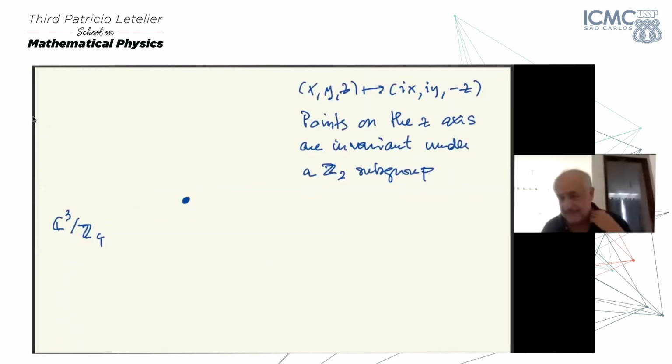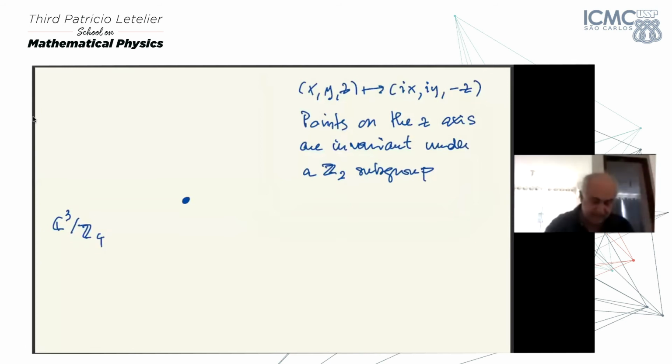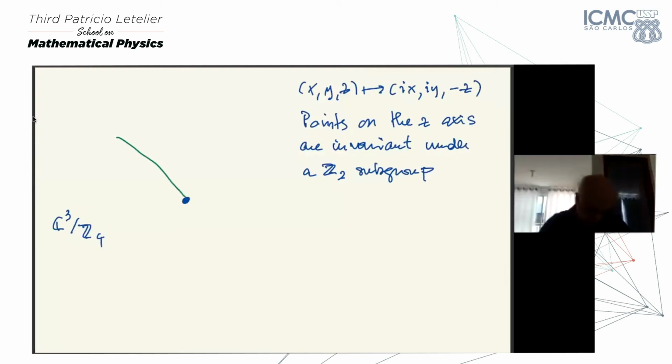As a result, the z-axis in the quotient is singular as well. So we have a line of singularities. Okay, and which is the z-axis.